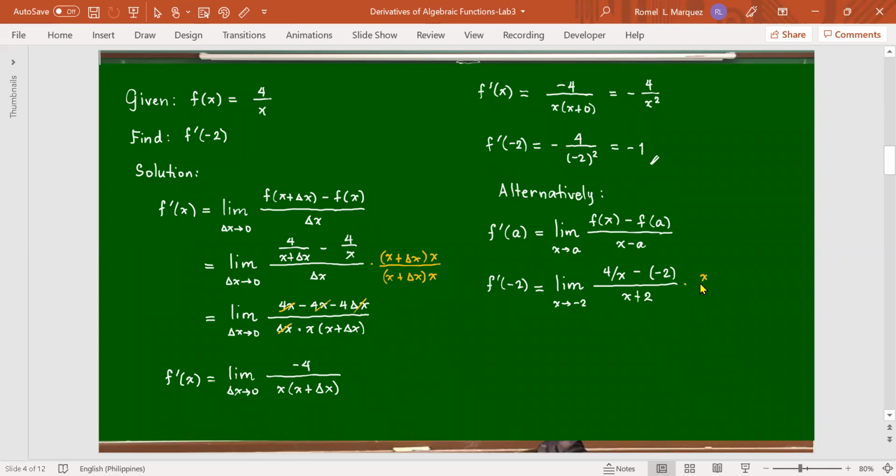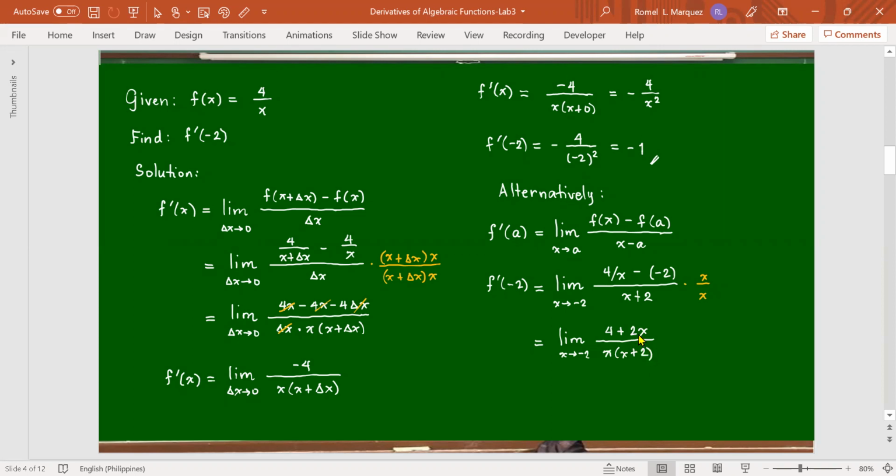Multiply this by x over x to simplify this quotient. Getting the limit as x approaches negative 2 of, this is 4 plus 2x all over x plus 2.